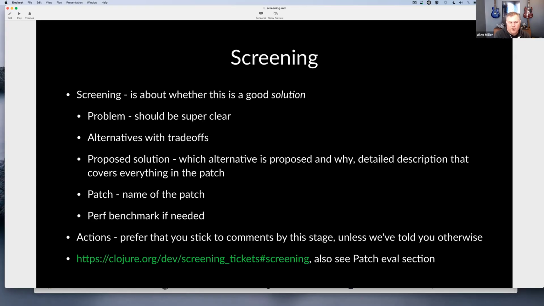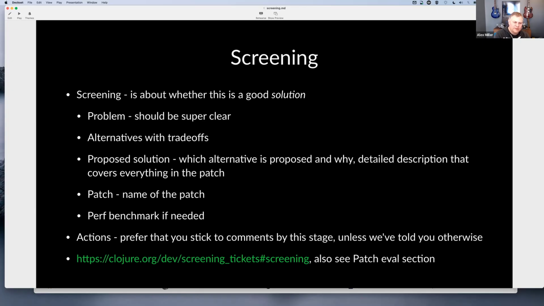And you should have enough code that we can reproduce the benchmark later. How you attach the perf benchmark code I'm flexible with, but if you can put it in the ticket or as an attachment, that's awfully helpful.